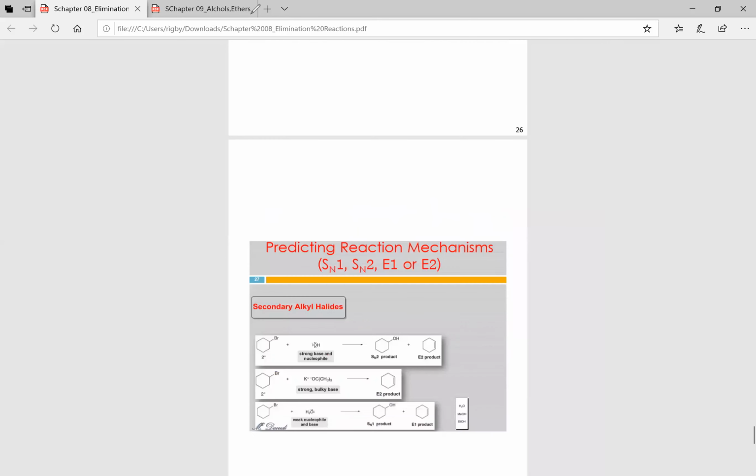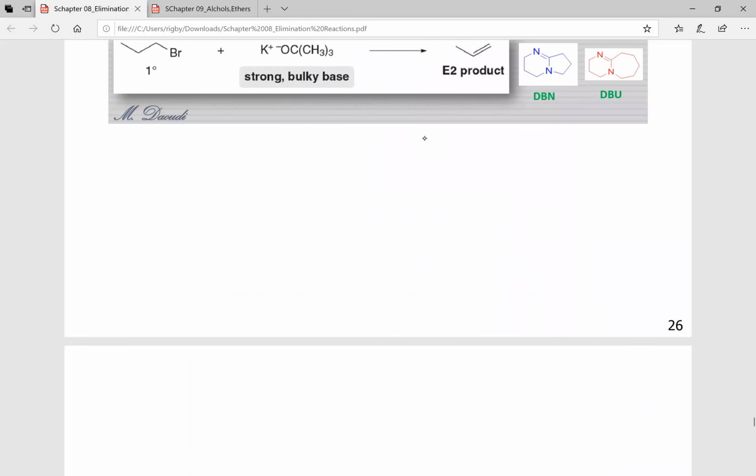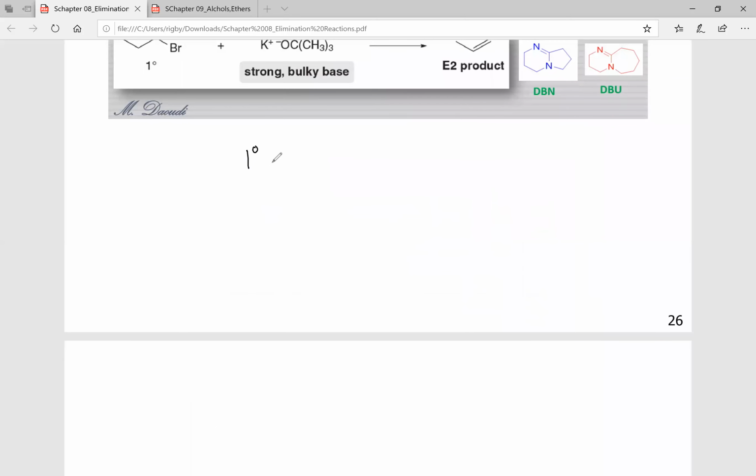Okay? So let's go ahead and make a really dirty chart here. Let's say that we have a methyl alkyl halide, a primary alkyl halide, a secondary alkyl halide, and a tertiary alkyl halide. We know that methyl alkyl halides will only ever do SN2 reactions, okay?